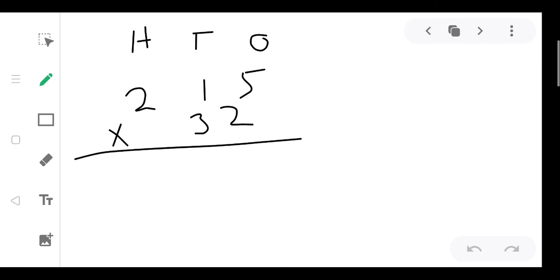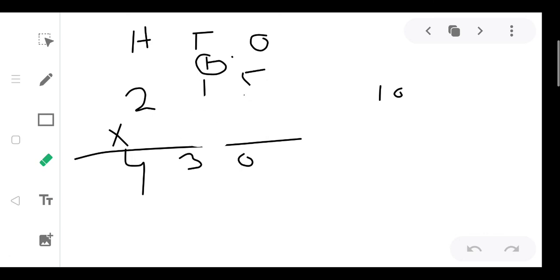Write the places at the top. Then write the digits. 215 multiply by 32. Read the table of 2 up to 5. 5 2s are 10. 0 we will write here. 1 was carry. Now 2 1s are 2. 2 plus 1, it is 3. Now again read the table of 2 up to 2. 2 2s are 4.